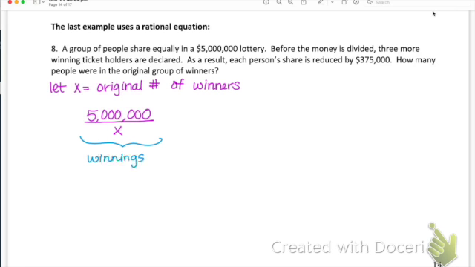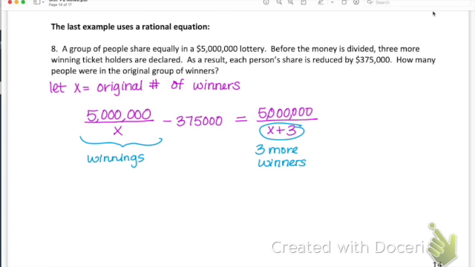That 5 million divided by X is how much each person was going to win. The problem is that got decreased by $375,000 because the $5 million, instead of being divided by X, got divided by X plus 3, because now there are 3 more winners.